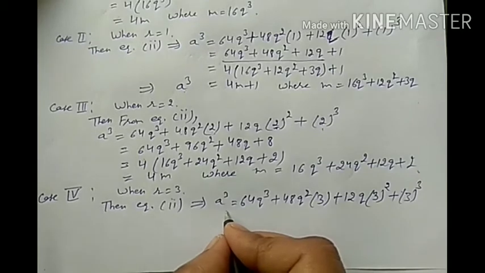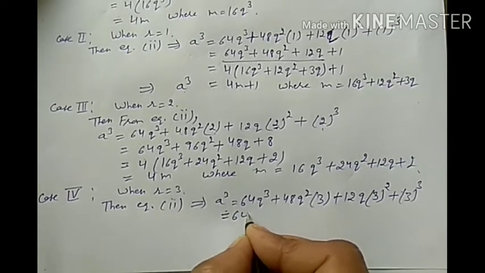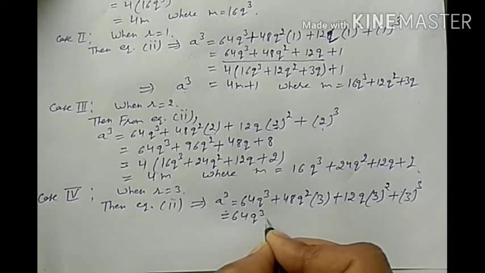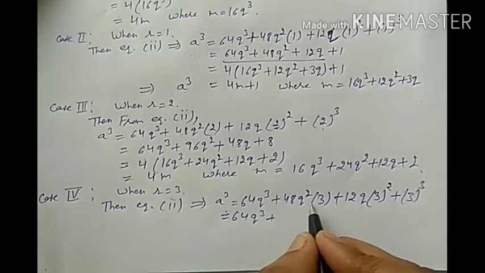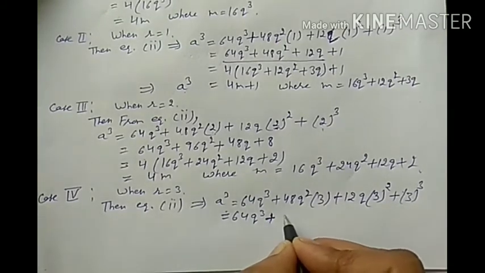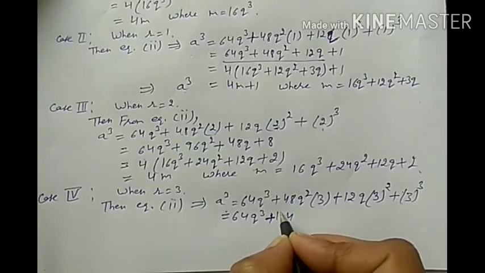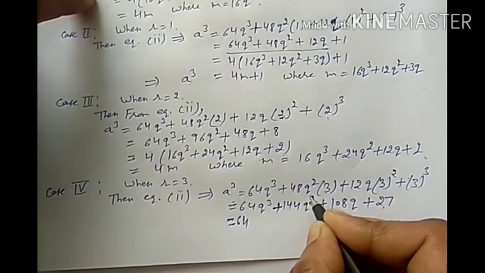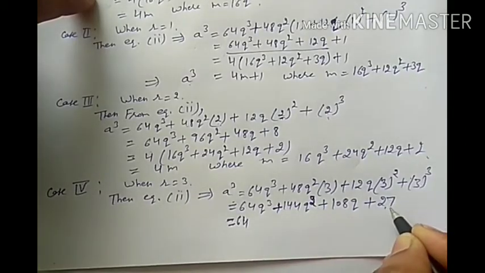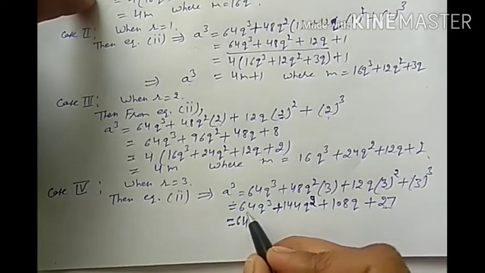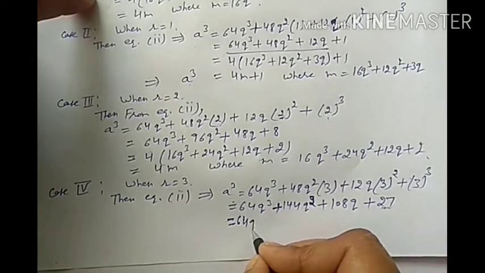Again solve it: 64q cube plus 48 times 3, 144, wait 48q square, 108q plus 27. But we can't take common 4 from all these terms.